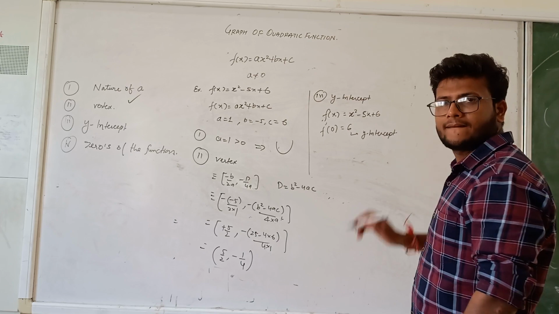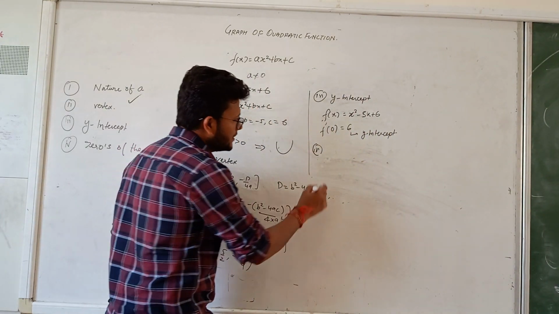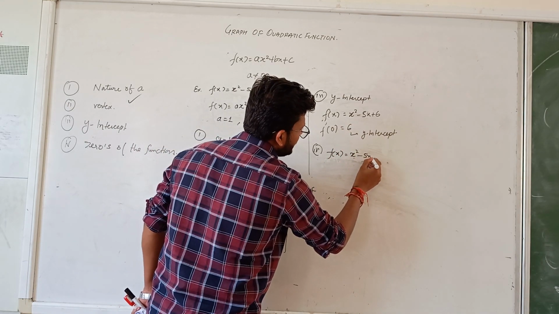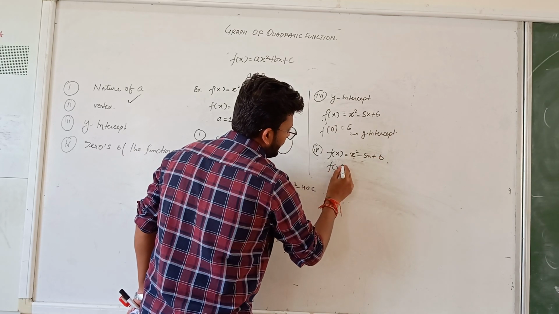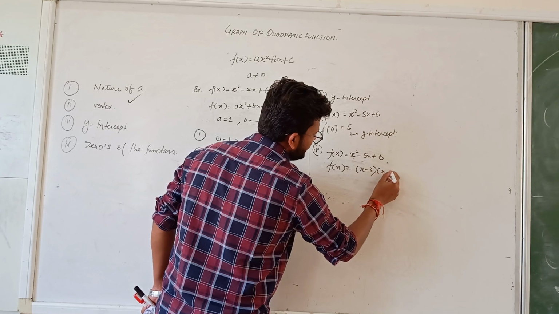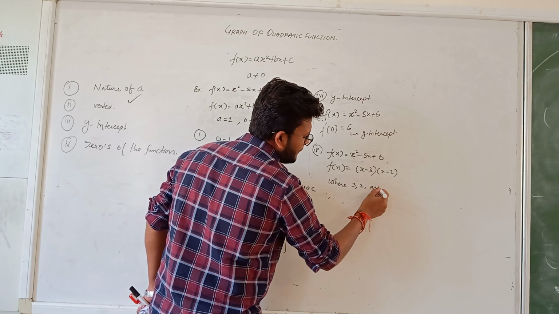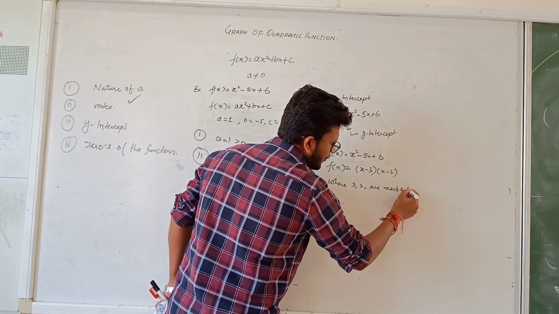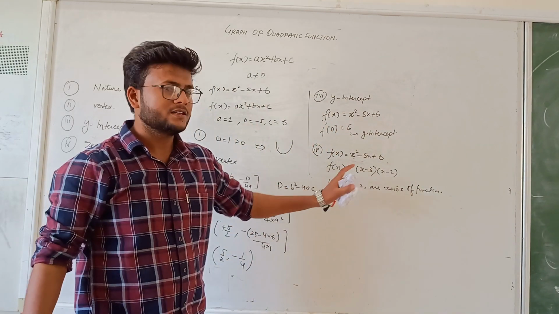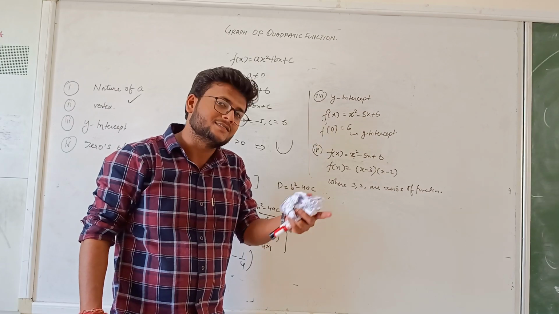Fourth thing is the zeros of the function. We can clearly factorize this function as (x - 3)(x - 2), where 3 and 2 are the zeros of the function, the values of x for which the value of the function is 0.